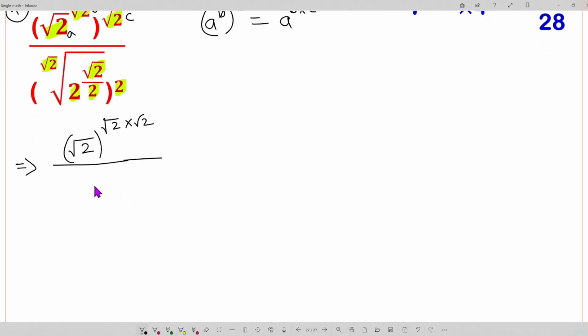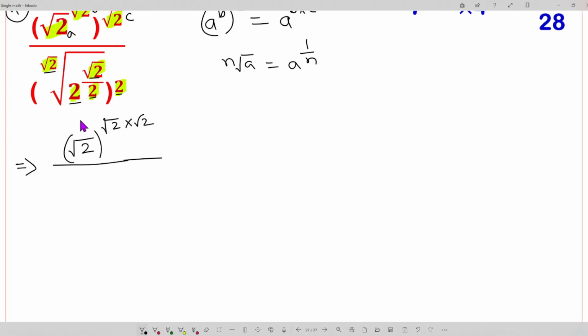Next, here is the nth root. It means root 2 inside 2 to the power root 2 by 2, whole to the power 2. So this one, we know the nth root of a equals a to the power 1 by n.